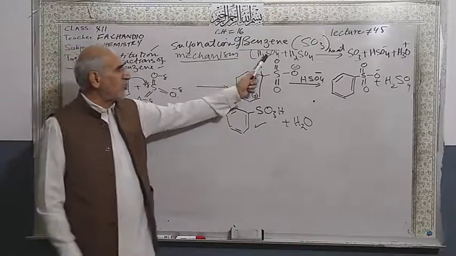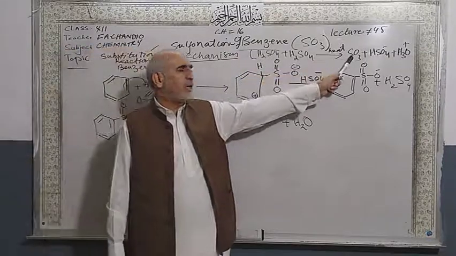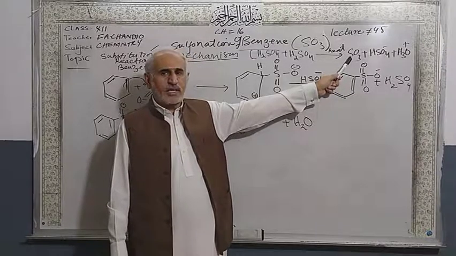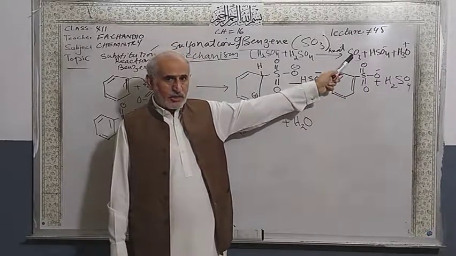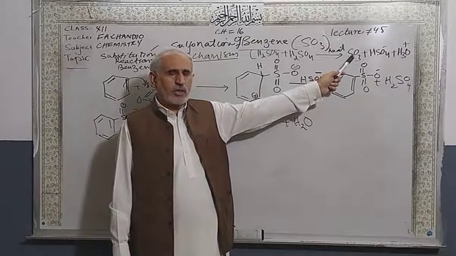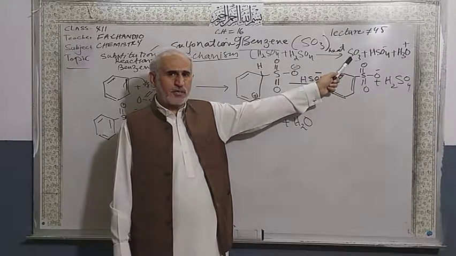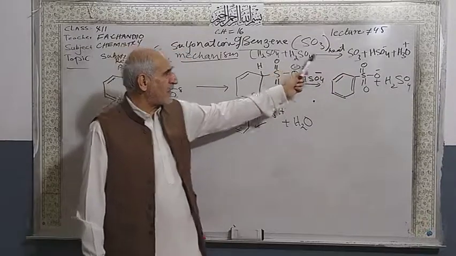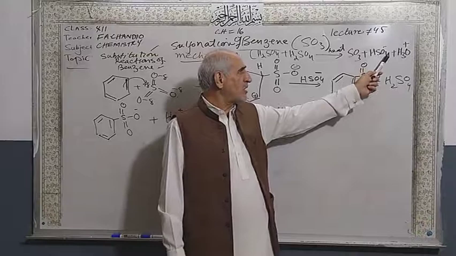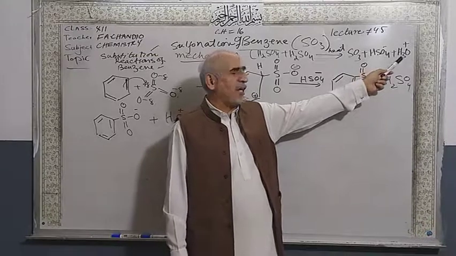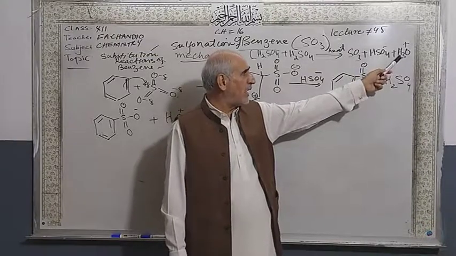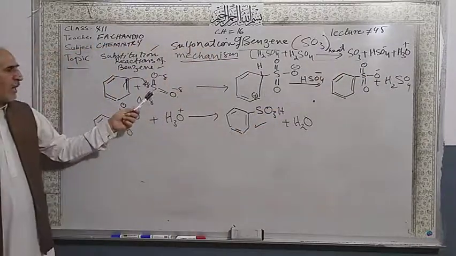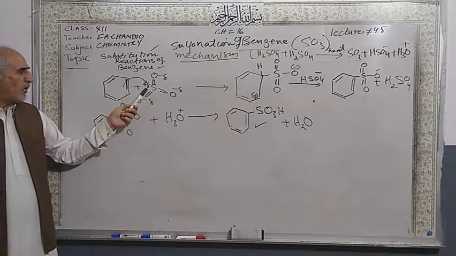So dear students, first we have to generate the strong electrophile. Sulfur trioxide is electron deficient. On the center, sulfur, there is a positive charge. So we generate it by using 2 molecules of sulfuric acid, with the base which is hydrogen sulfate, and with the hydronium ion. After generation, this is the same; I have written it in the bonding form.